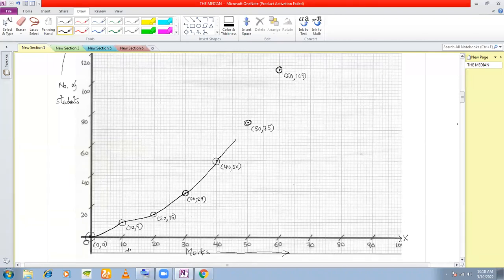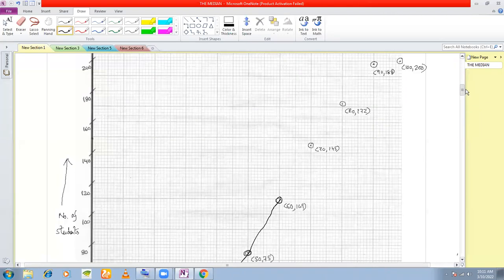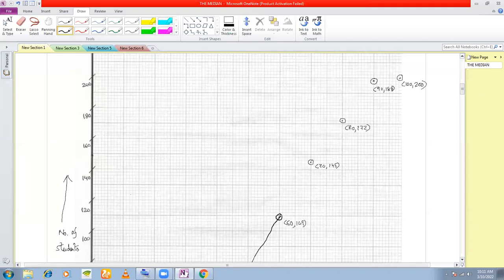Without stopping, I keep joining the points. Your curve must be a smooth one. When you are joining, do not go like this, right? It should be smooth, this kind of smooth.